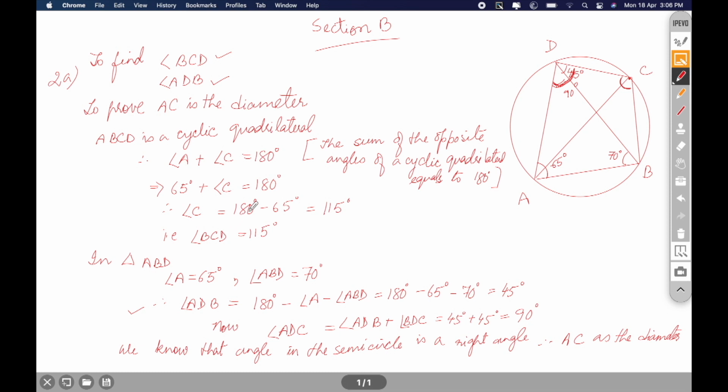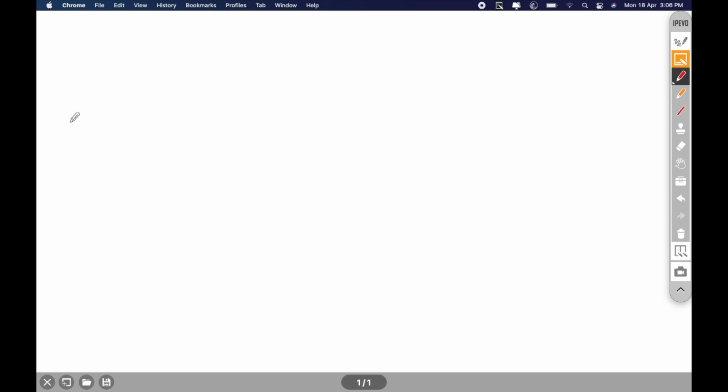Next, let us solve question number 2b. Here A with coordinates 2, -4, B with coordinates 3, 3, and C with coordinates -1, 5 are the vertices of triangle ABC. Find the equation of the median through A. So let us draw a triangle first.